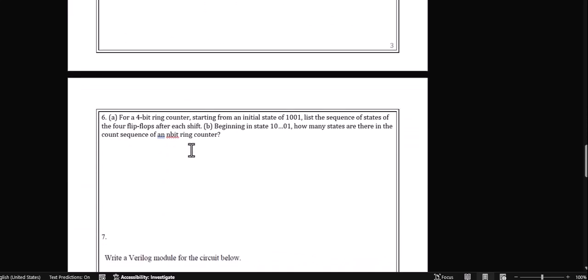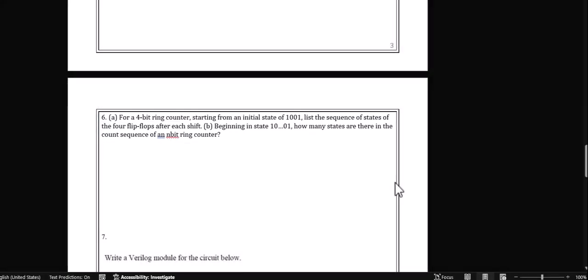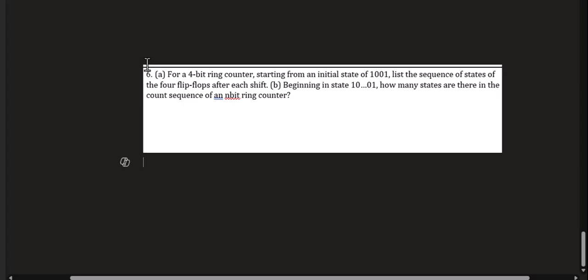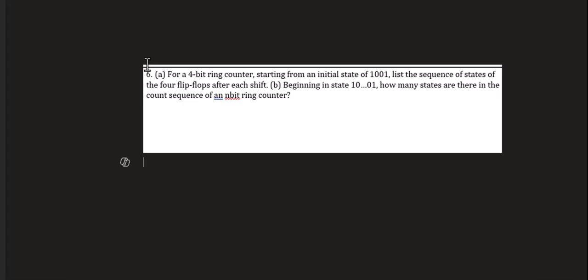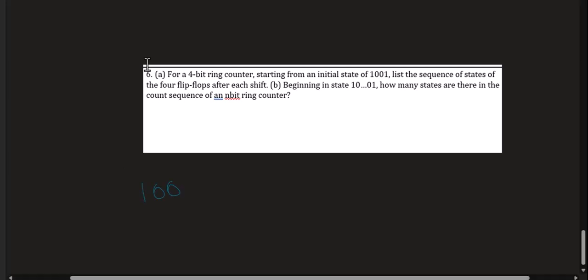So here we have one that is a 4-bit ring counter starting at 1001, and we want to count until we get back to where we start. So the last bit just comes around to the front and does not flip.